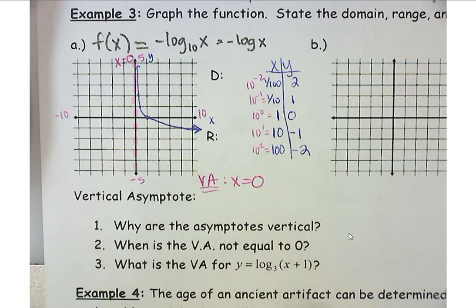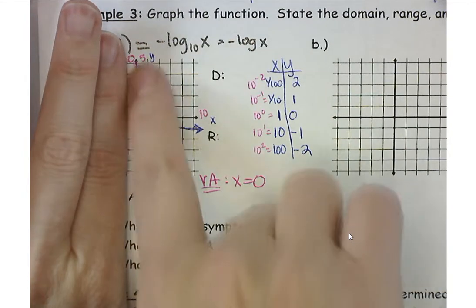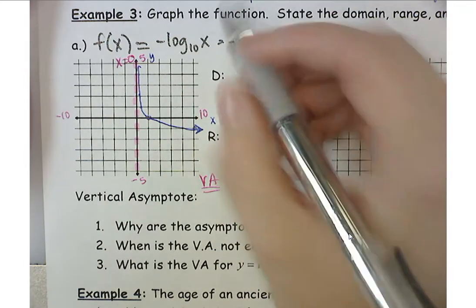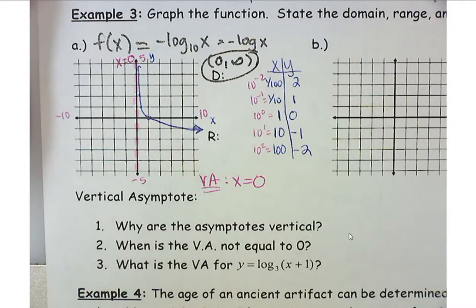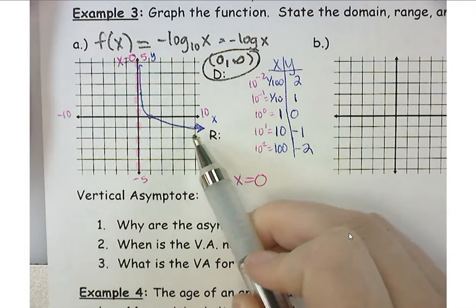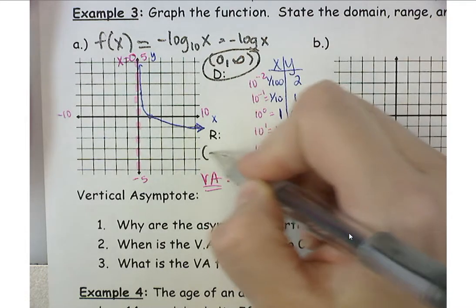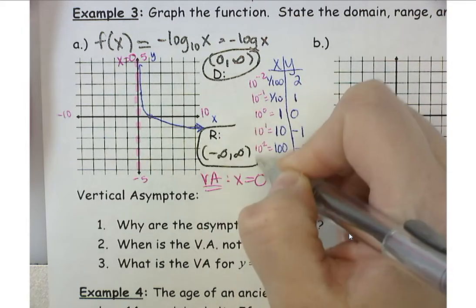Look, can't you see that all of the points are to the right of this line? So that would be 0 to infinity. That's your domain. Your range, I can see this is going up to infinity. This is slowly going to be going down to infinity. So like we predicted earlier, your range is all real numbers.